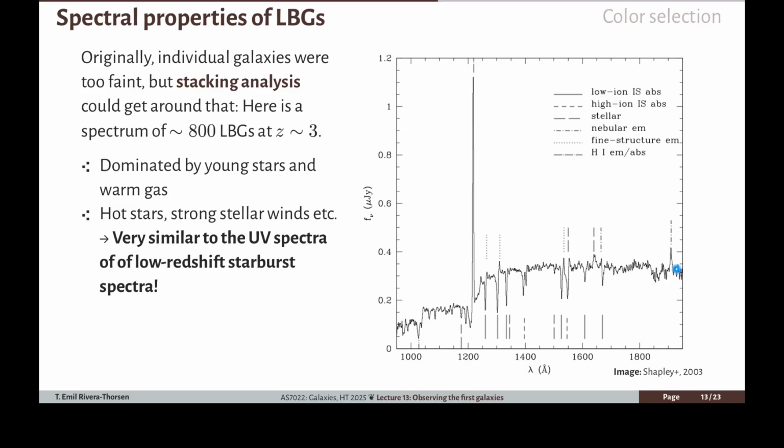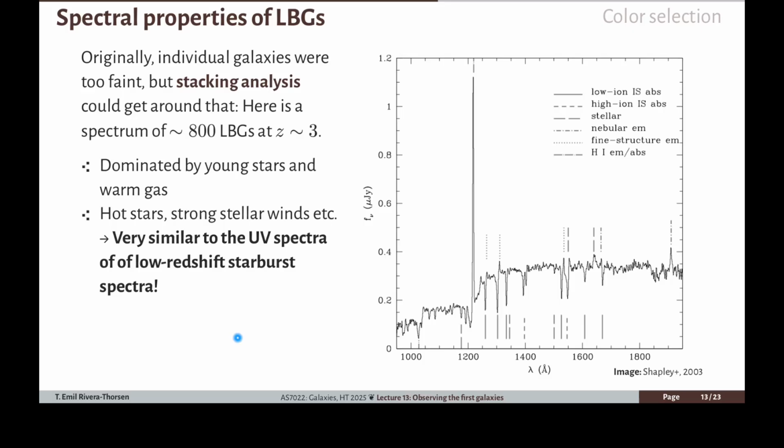And so what we find from this stack of 800 Lyman break galaxies at redshift 3 is that they are dominated by young stars and warm gas, and that they contain a lot of hot stars, strong stellar winds, and so on.